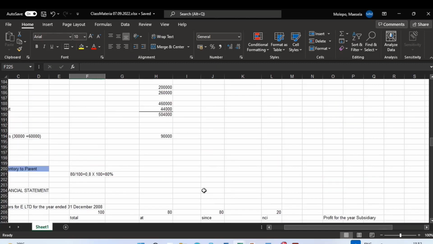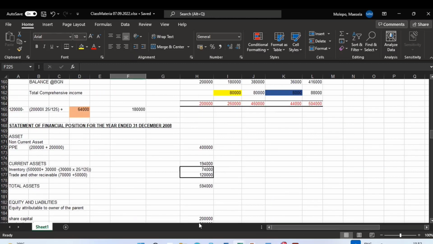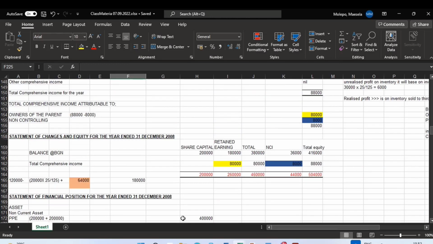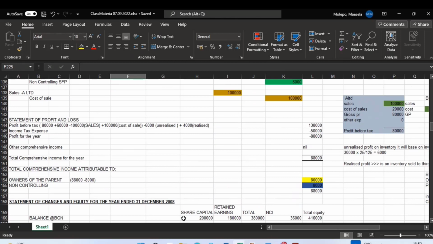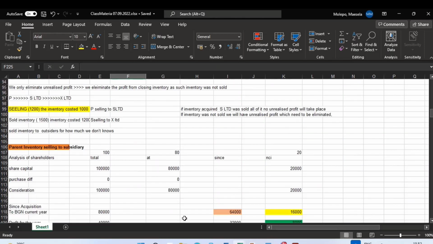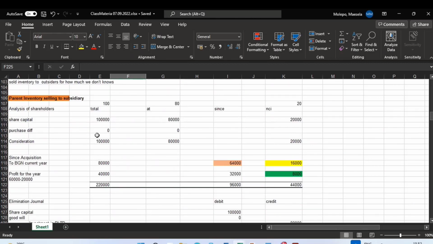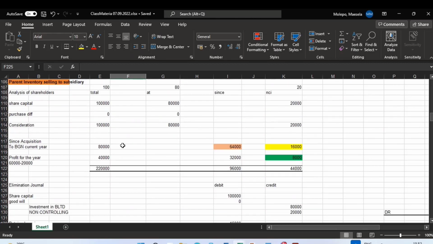I'm scrolling up. You'll tell me where you're referring to. Okay. It's in the analysis of owner's equity, parent selling subsidiary. Here's the analysis. Yes. That one, sir, where it says profit for the year. Then you said 60.